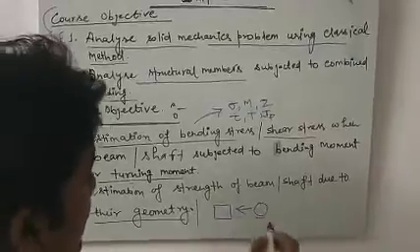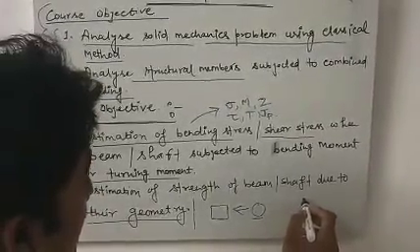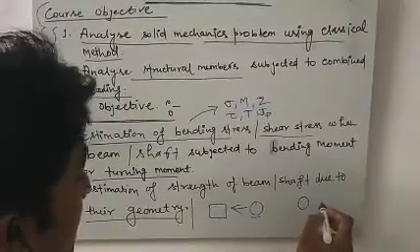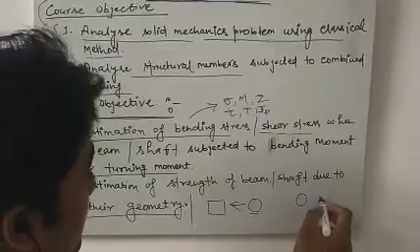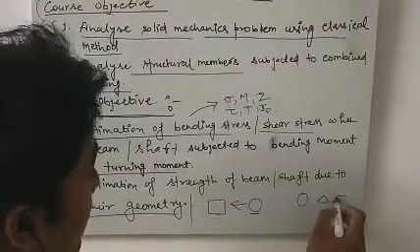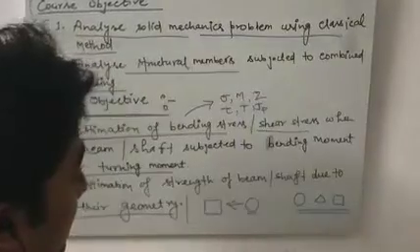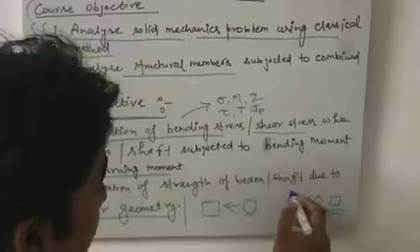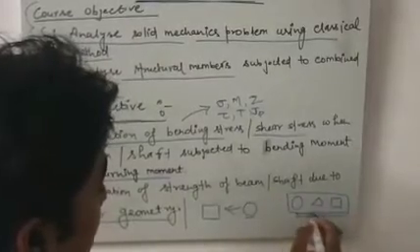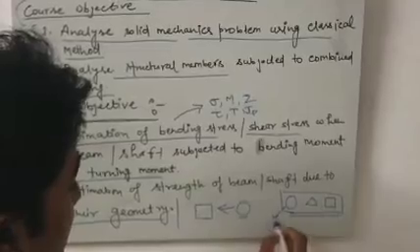Similarly, if options are available for the cross section of a shaft, we have to choose among circular, triangular, and rectangular cross sections. In most applications you have seen that we prefer a shaft made of circular cross section.